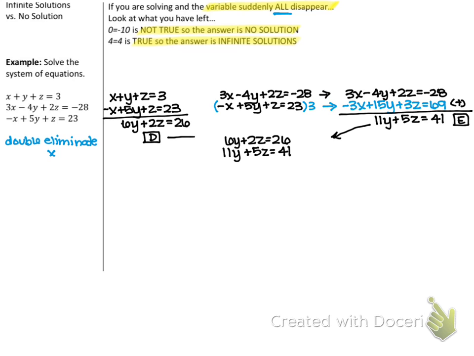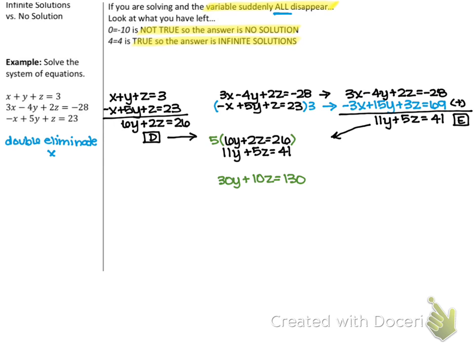And then you decide, do you want to get rid of x's or y's? Or y's or z's, sorry, we already got rid of x. I think I'm going to get rid of the z, because when I multiply, they turn into smaller things. They don't blow up so huge like the 6 and the 11 would. So I'm going to multiply the entire first equation by 5. I'm going to color code this to try to help myself out. So this is going to give me 30y plus 10z is equal to 130.